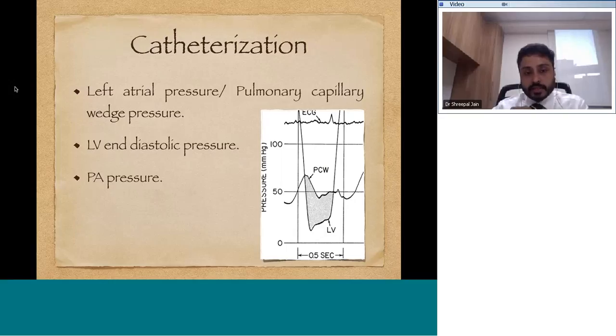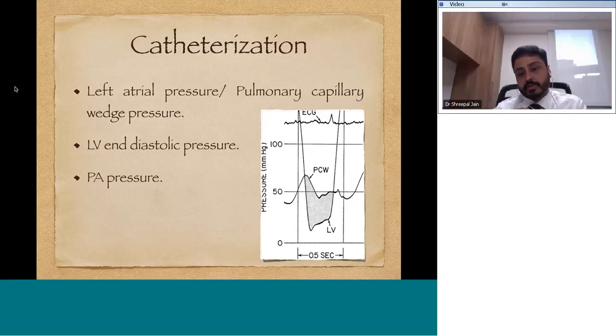So purely from the mitral stenosis point of view, you would need a left atrial pressure. If not possible, you could use a surrogate like a pulmonary capillary wedge pressure, and you would need an LV end diastolic pressure to determine the severity of mitral stenosis. Left atrial pressure, if possible, is the ideal pressure to obtain compared to pulmonary capillary wedge pressure.